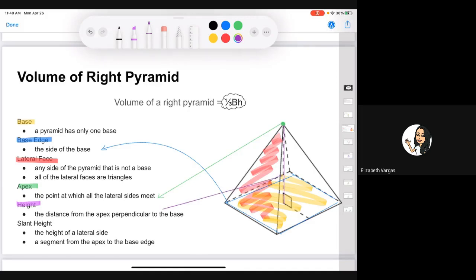And then we also have what is known as a slanted height. That's going to be the height of the lateral side. So, for example, this could represent the height of that lateral side. Okay, so those are all different characteristics that we have of pyramids. Keep that in mind as we look through a variety of different pyramids today.